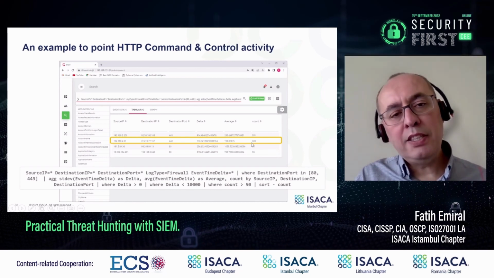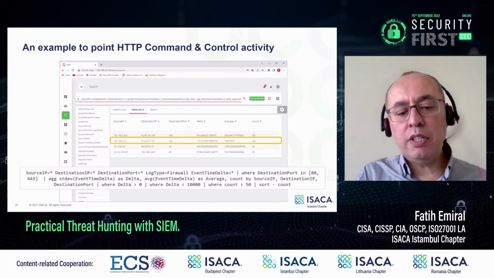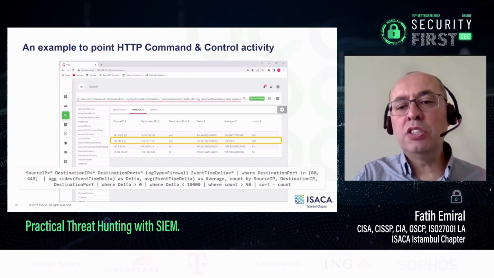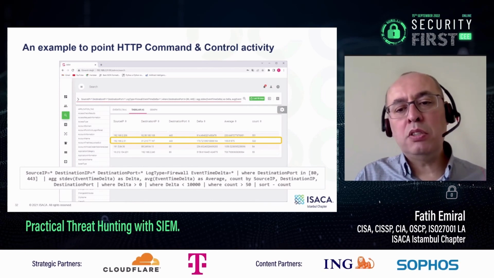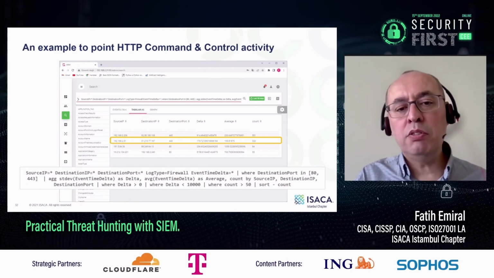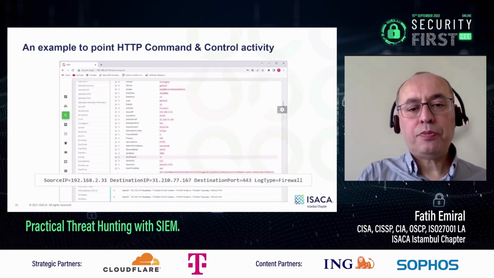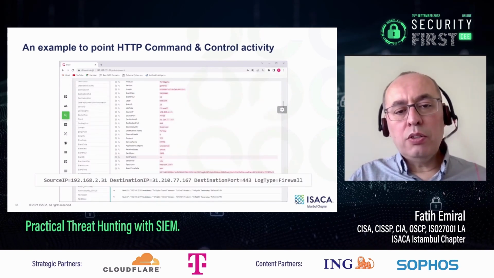I mean, although this was a simulation of an activity, it's still a high number of requests. In a real scenario, you will probably see tens of thousands of activities, which would make this activity much more suspicious.